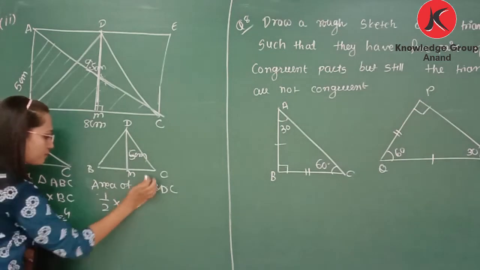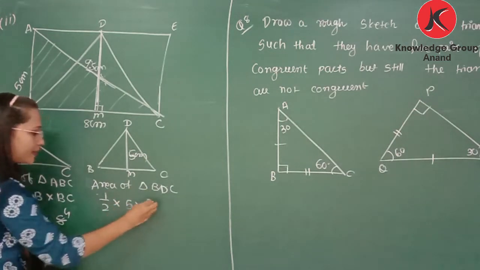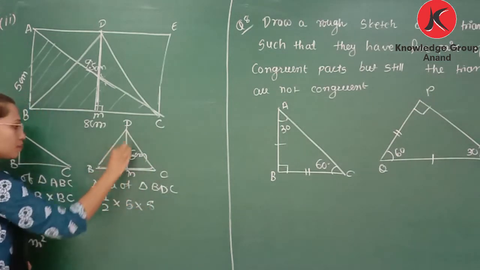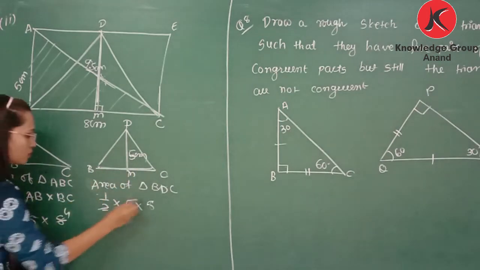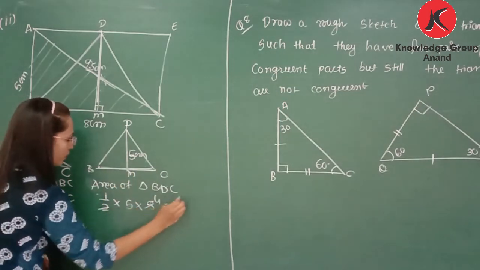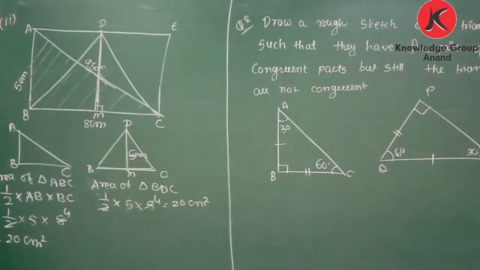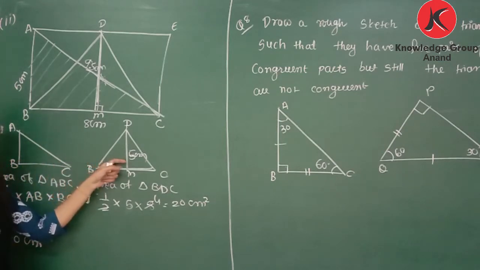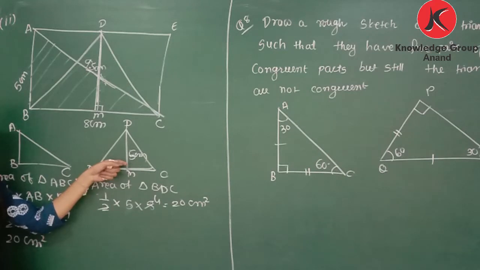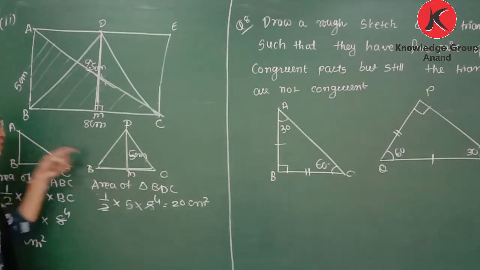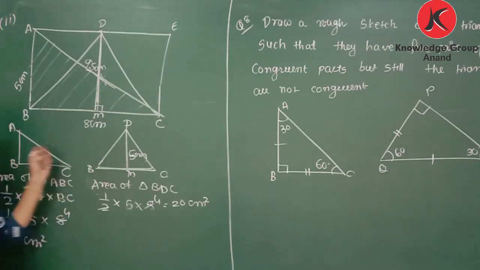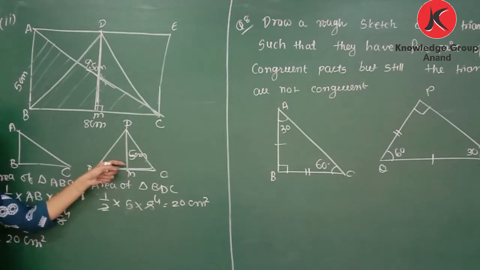So it is 1 by 2 into 5 multiplied by 8, because BC is the base and BM is the height. So it is equal to 20 square centimeters. Now you can see the area is the same, but obviously these two triangles are not congruent, because this is a right angle triangle and the other is an acute angle triangle. So these two triangles are not the same.